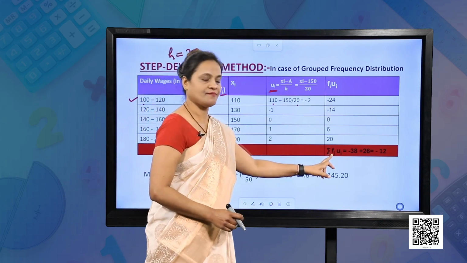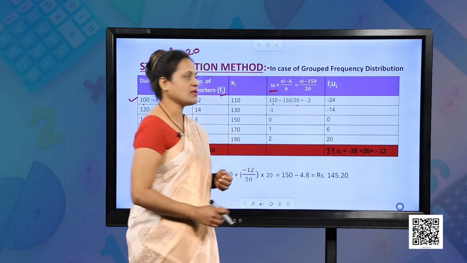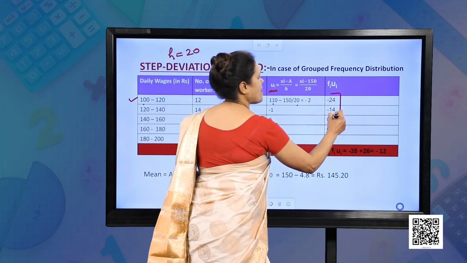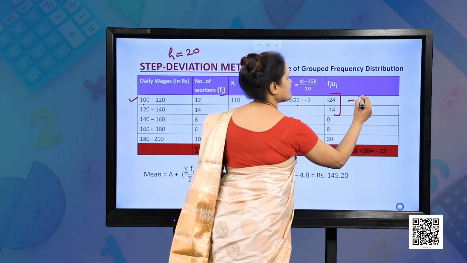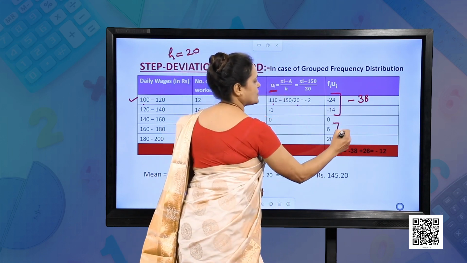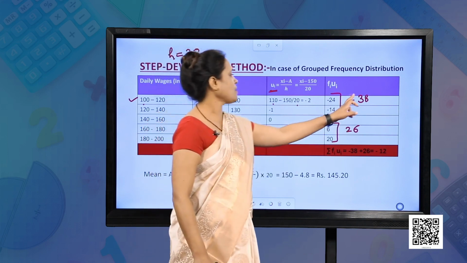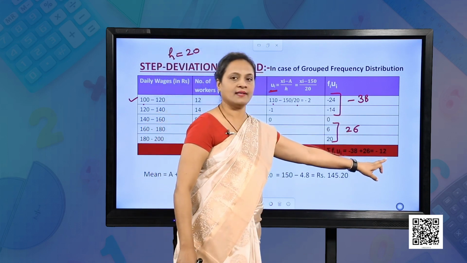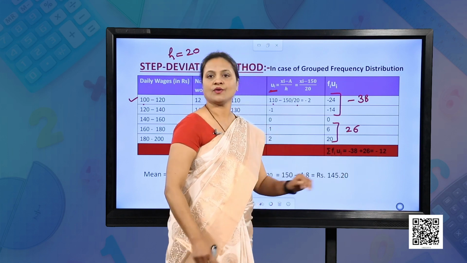Again you can see there are a few values negative, a few are positive. So, minus 24 minus 14 gives me minus 38. 6 plus 20 gives 26. When I solve these two, I get minus 12. This is sigma fi ui.